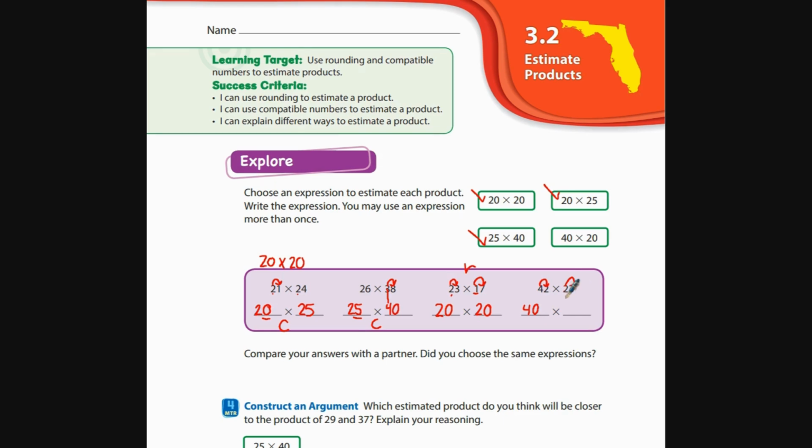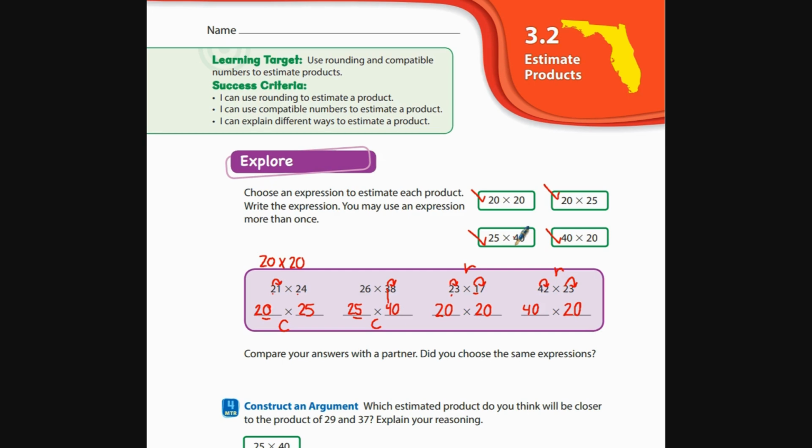The 3 is going to tell the 2 if he has to get help from someone to do his job or if he gets to go home and rest. So is this 5 or more, raise the score? No, this is 4 or less, let the 2 rest. The 3 becomes a 0. And in this case, we use rounding. So this one was the 40 times 20, which again is using rounding.